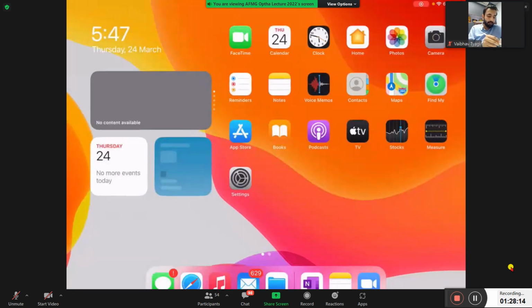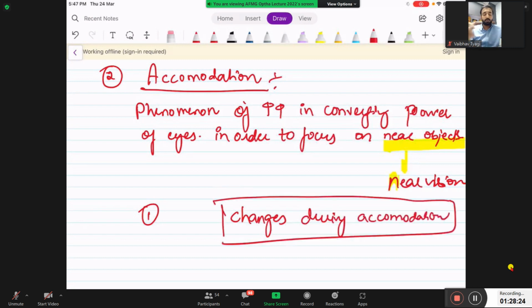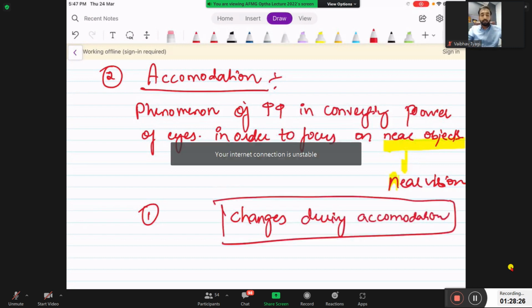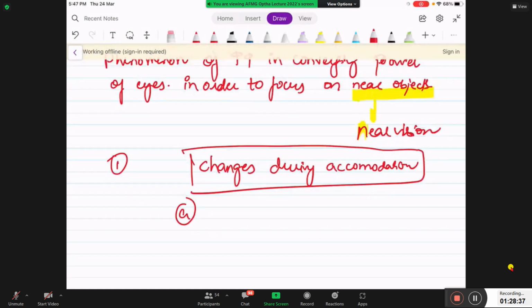Now write down the changes we will discuss in accommodation. Write down the heading, changes during accommodation. So what are the changes going on inside the eyeball when you are trying to focus on near objects? Remember, accommodation is only for near objects, right? So write down. First, whenever there is a need for accommodation, your ciliary muscles.